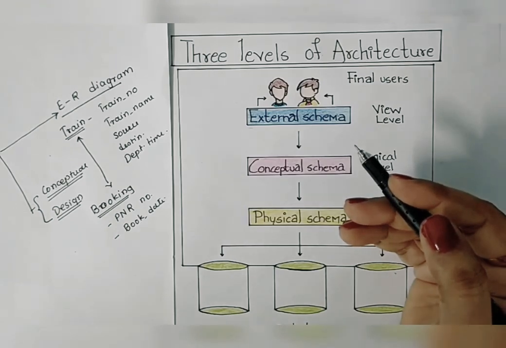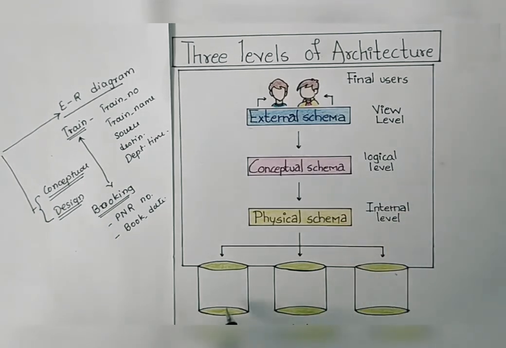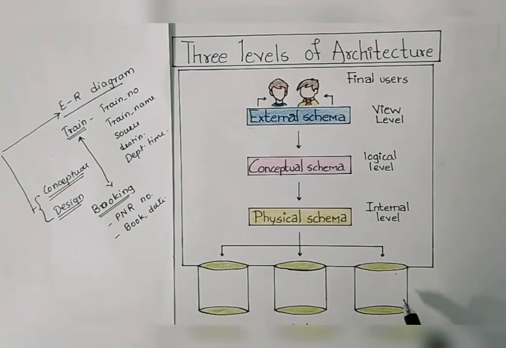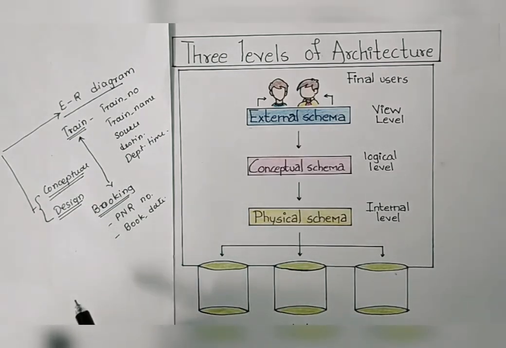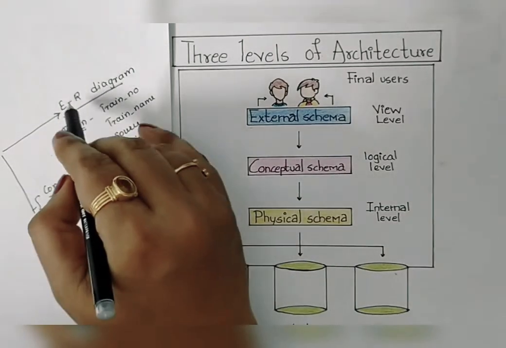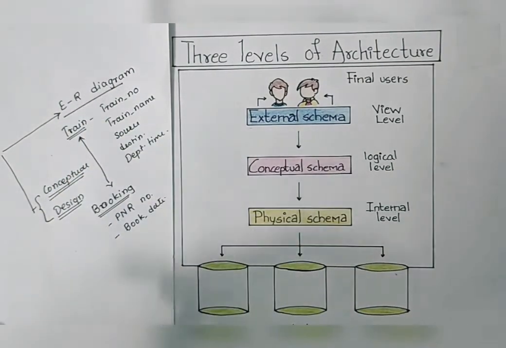In the same way, suppose we want to create and store a database in a database management system, we have to first create a model of our database. This model, we call it a conceptual model.